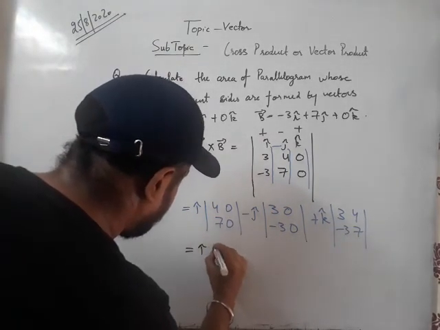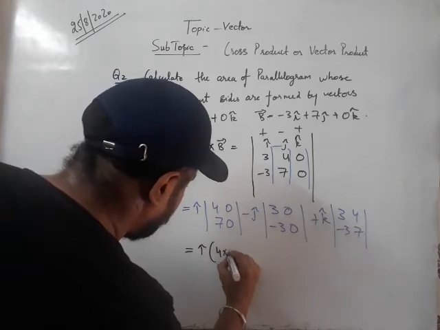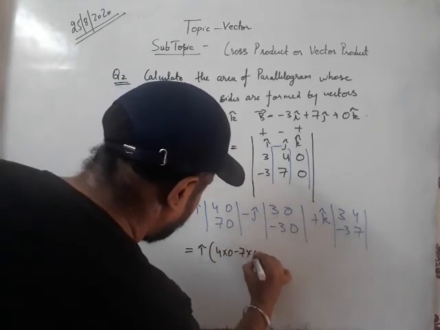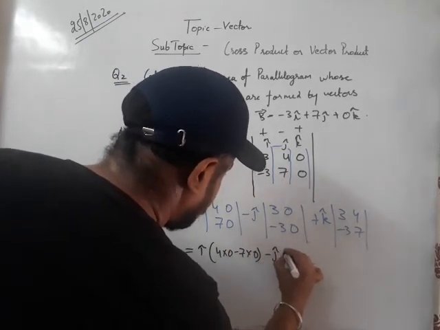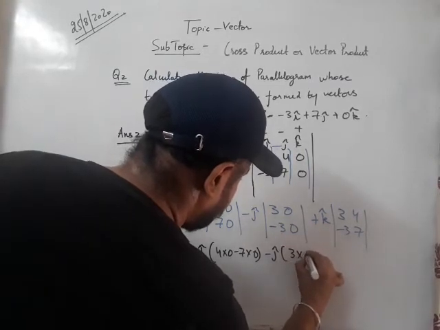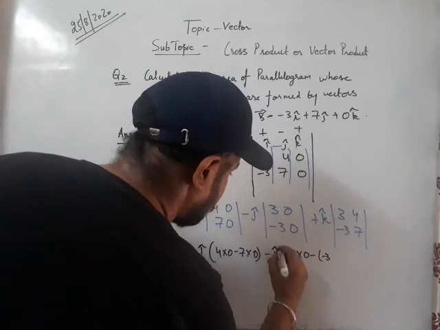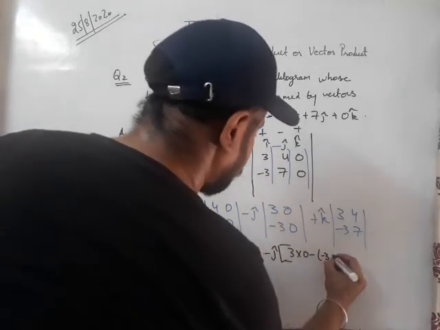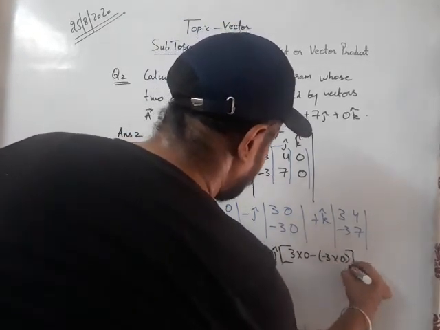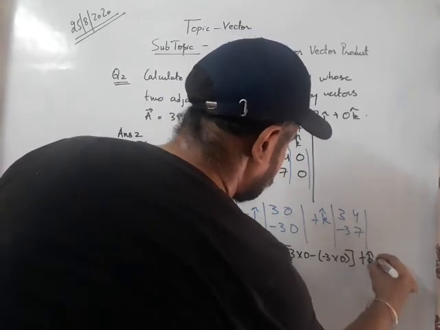So that is i cap, 4 into 0 minus 7 into 0, minus j cap, 3 into 0 minus of minus 3 into 0. We can have a square bracket over here to make you understand in a better manner.